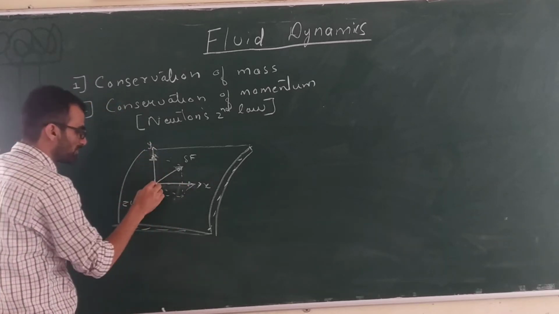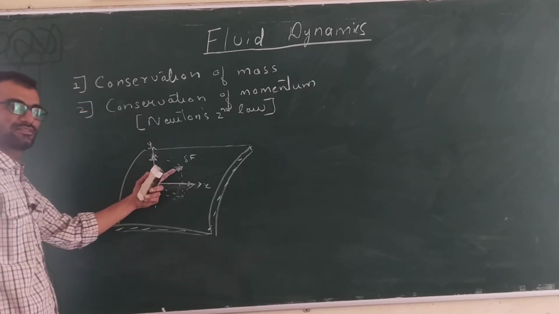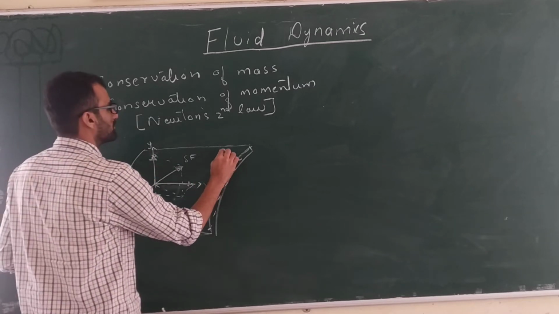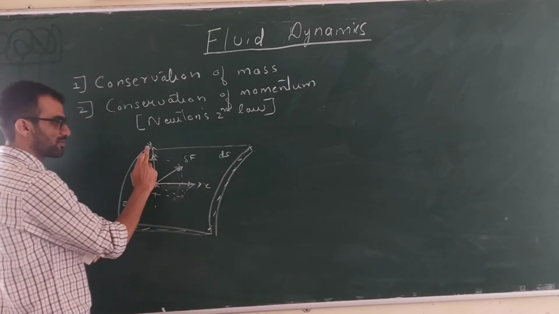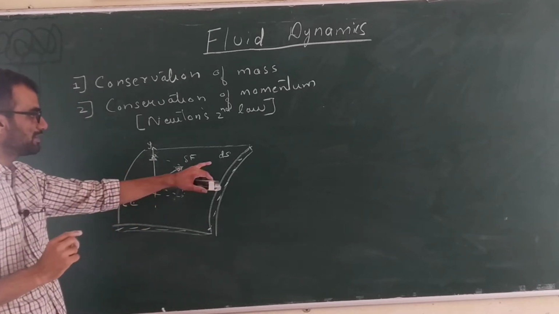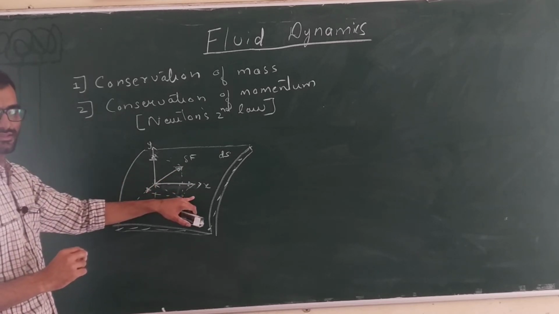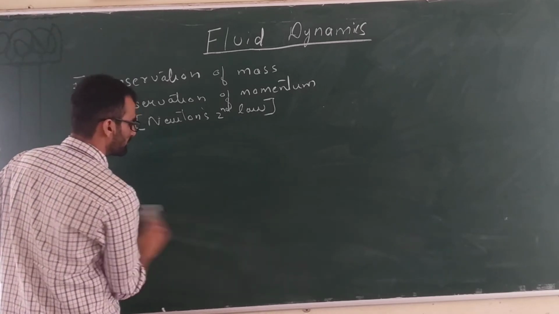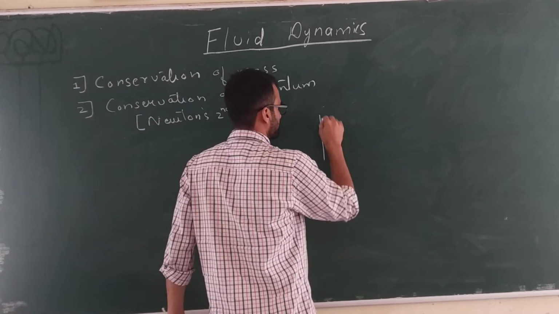This force element will exert a normal component of force on this small surface dS, and also two tangential components. So every surface is subjected to a normal component and tangential components because of any force acting on this surface. Because of that, the state of stress becomes something like this.